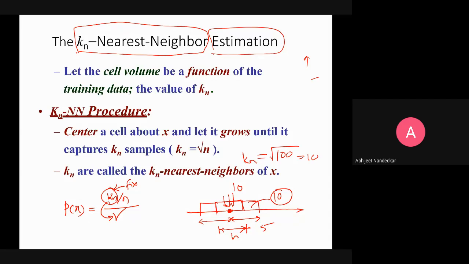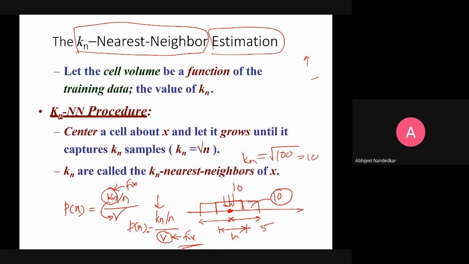Now what is the procedure in Parzen window? We don't fix this k. It is the same formula, Kn by n divided by volume. But in Parzen, we fix the volume and see how many samples fall into this volume or window.